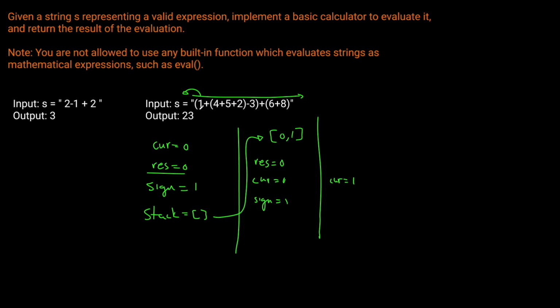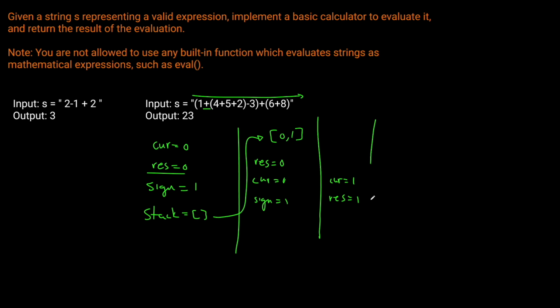So you can do this either once you fully parse it or once you get to the next operand. It doesn't really matter. We're just going to do it that when we encounter a plus or a minus, then we're going to apply whatever the last number was previously. Either way works. I'm just going to do it this way. So now that we see a plus, we need to add our 1 to our result, because our sign is 1. So we're going to say res is now going to be equal to 1, and we're going to continue.